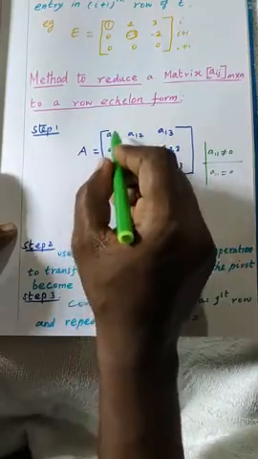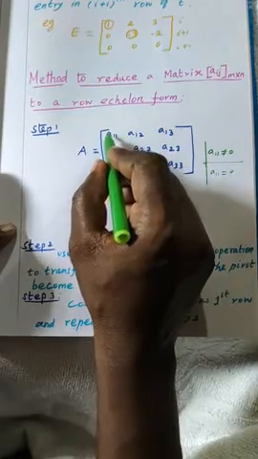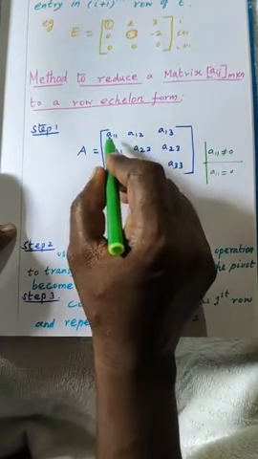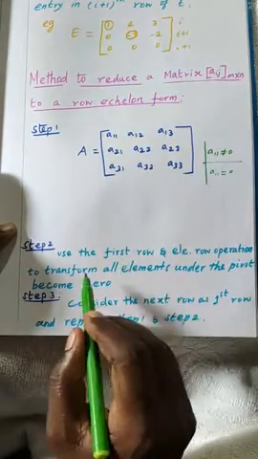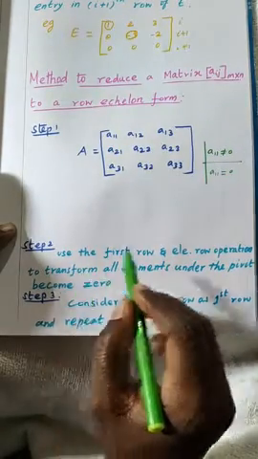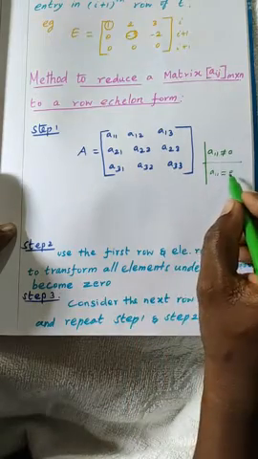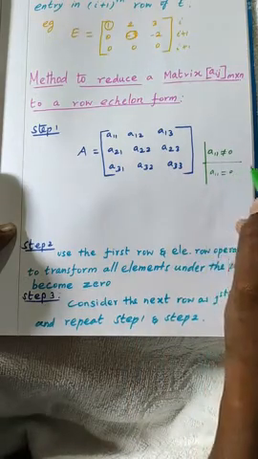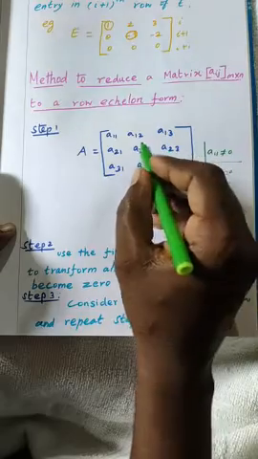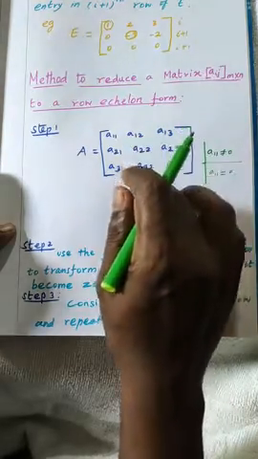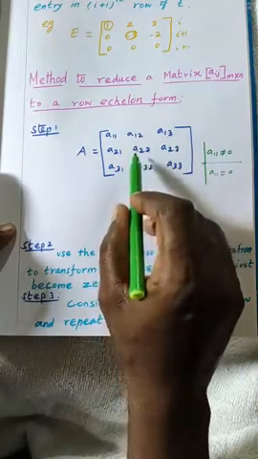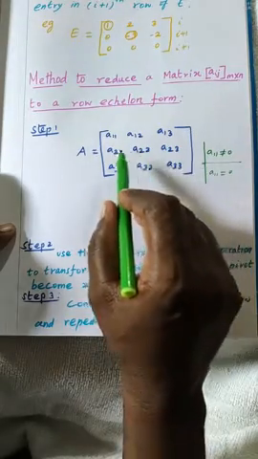If A11, the first element in the first row, is not equal to 0, then go to step 2. Otherwise, if A11 is equal to 0, then interchange the first row with any other row below the first row which has a non-zero element in the first column.